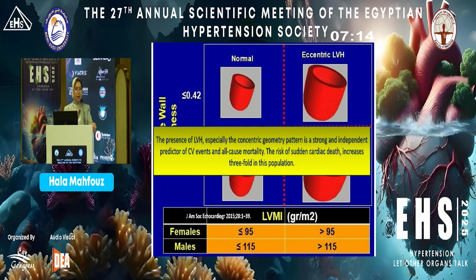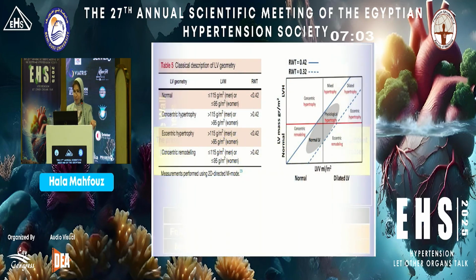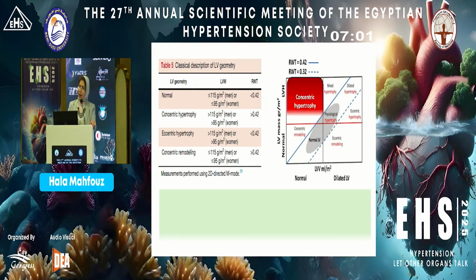The presence of left ventricular hypertrophy, especially the concentric geometry pattern, is a strong and independent predictor of cardiovascular events and all-cause mortality. It increases the risk of sudden death by 3-fold. So the entity of concentric hypertrophy is the most serious one.